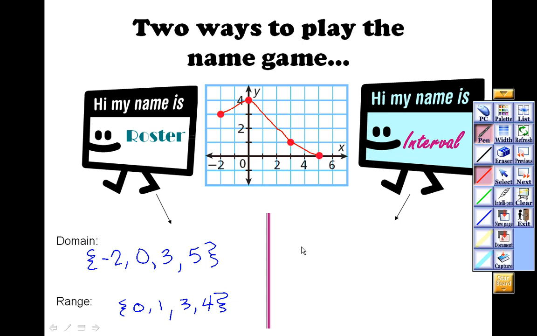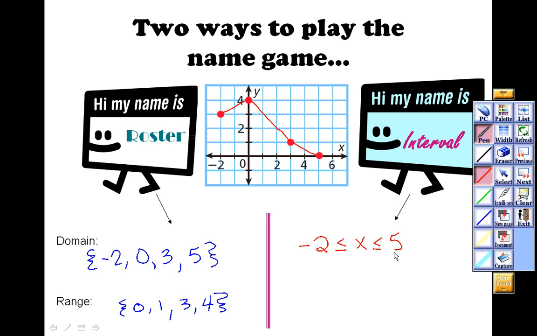So I'll say -2 is less than or equal to x is less than or equal to 5. And I'm saying it's less than or equal to because these points on the end are colored in, so we're including them, but we're saying all of the x values between -2 and 5.